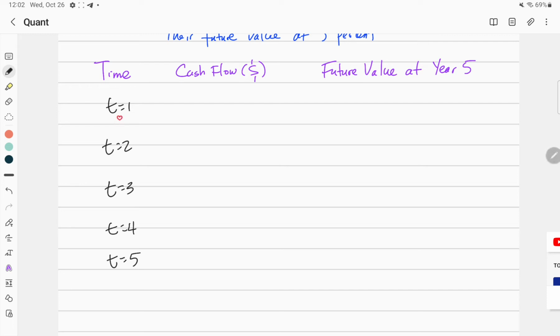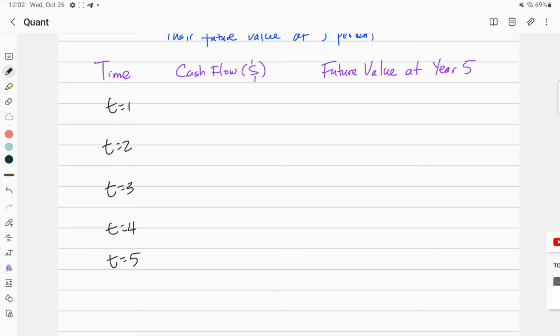For example, from T1 to T2 is 1 year long, from T2 to T3 is another 1 year long. So this is a yearly and equally spaced time period. We're not using month or quarter. We can use different time periods, but for this example, as in the previous example, we're going to use a year period.